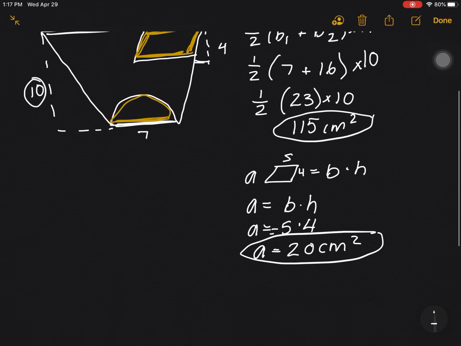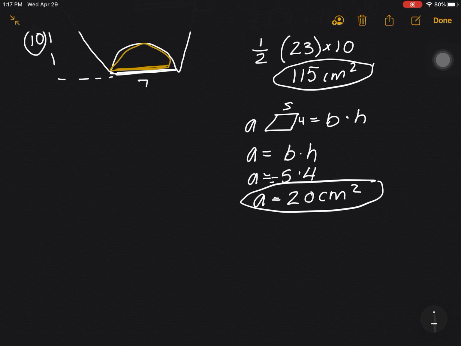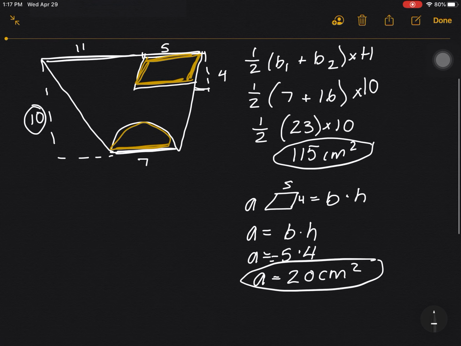Now let's focus on our semicircle. Our semicircle, let's do this over here so we can see, is right here, and we're given that bottom dimension of 7. Now that 7 is our diameter. Remember that when we look at the area of a circle, area equals pi times the radius squared.